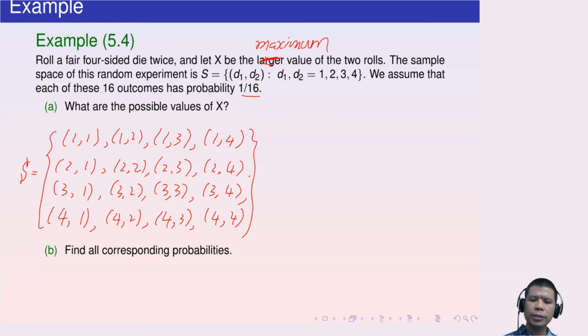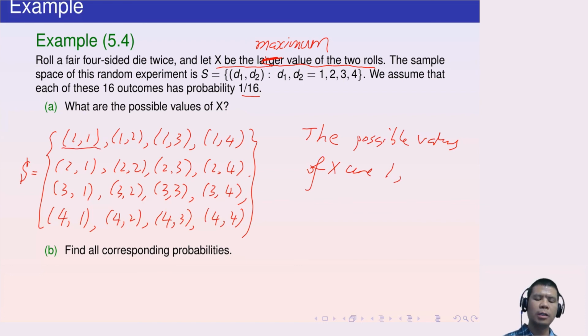Because X is the maximum value among the two rolls, each of them is 1 through 4. So what are the possible values of X? It cannot be 0. It can be 1 if you got 1,1, then the maximum is 1.